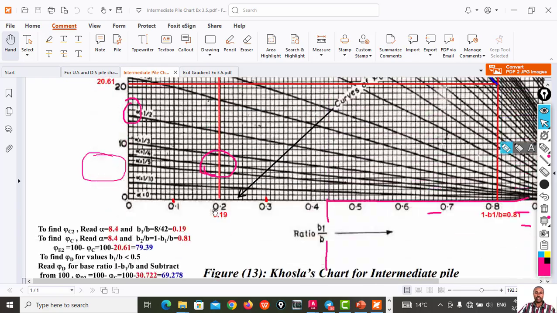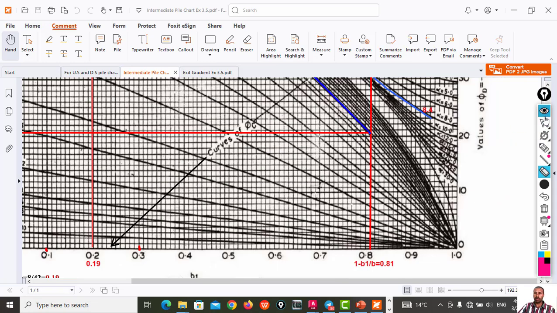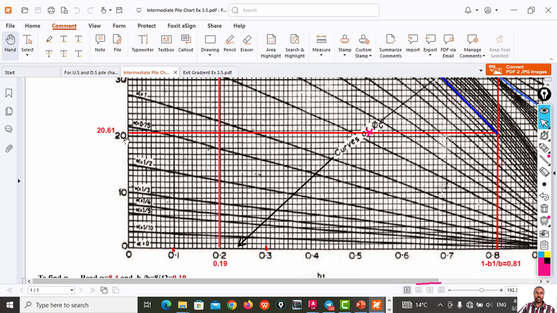Then once you read this, for B1 over B you subtract, then 0.81. With this 0.81, if you go in the upward direction, you meet the 8.4 at this point, which is important. At this point, at 8.4, you read out this one.